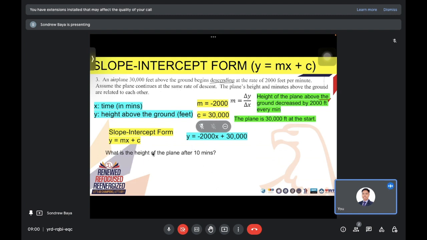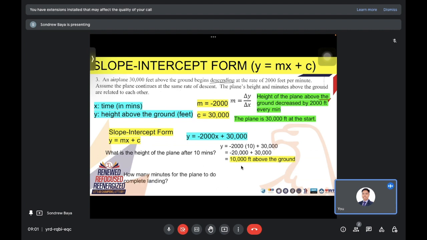And we're looking for the height, which is the dependent quantity. So we can now substitute it in the equation. We now have y equals the slope times the time plus 30,000. And simplifying it, we get 10,000 feet above the ground. So after 10 minutes, the plane is 10,000 feet above the ground.